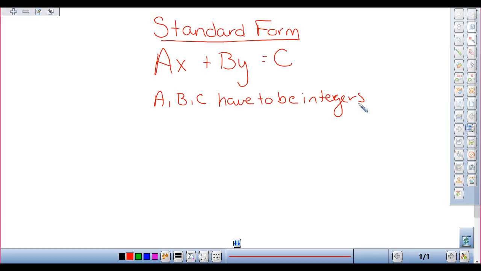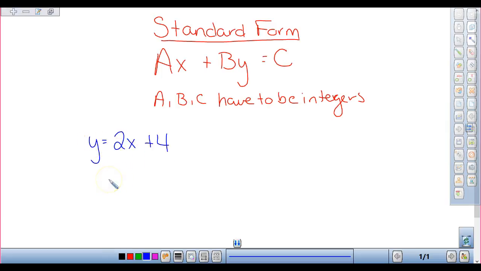Okay, what that means is that you can't have fractions as your coefficients. Okay, so let's say I have y equals 2x plus 4. And we would want to put this into standard form. Okay, so we want the x and the y on the same side, right? So I have y over here, so let's move my 2x.